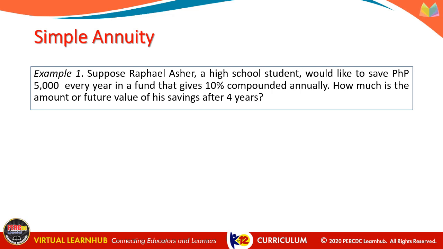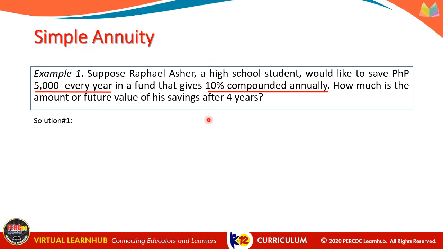How much is the amount or future value of his savings after 4 years? This is an example of simple annuity because it is written here that Rafael Asher will save 5,000 pesos every year and the interest is compounded annually. Okay? That is an example of simple annuity.